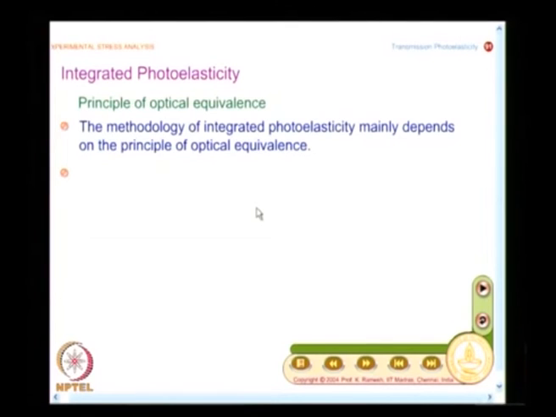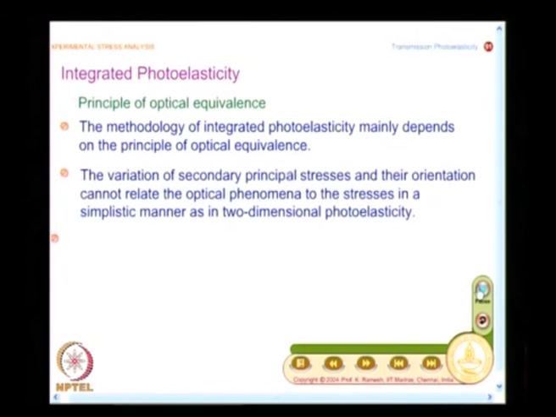Now, we are going to look at a process called integrated photoelasticity, and this hinges on a very important principle called the principle of optical equivalence. This is a very intelligent conception, and we look at it more from an optics point of view, and the entire methodology of integrated photoelasticity depends on the principle of optical equivalence. And let us see what is the principle of optical equivalence.